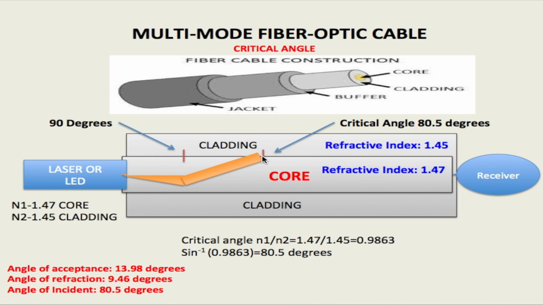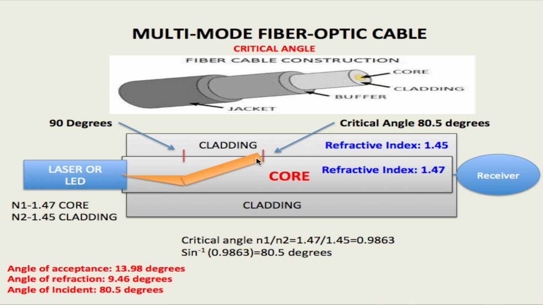So your angle of incident could be the same as the critical angle right up to 89 degrees, but it cannot be up to 90 degrees. You lose your light through the cladding at 90 degrees. So the angle of incident can be the same as the critical angle right up to 89 degrees. Okay, so this would work at 80.5 degrees, so you will have total internal reflection where your light will be reflected off here at 80.5 degrees.